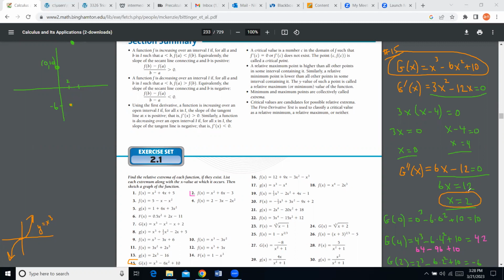And let's see, let me double check. 8 and 10 is 18. That's -6. Yes, let me double check that one. It's 64 minus 96, right? So it's negative. It's something I didn't calculate correctly. It is what?